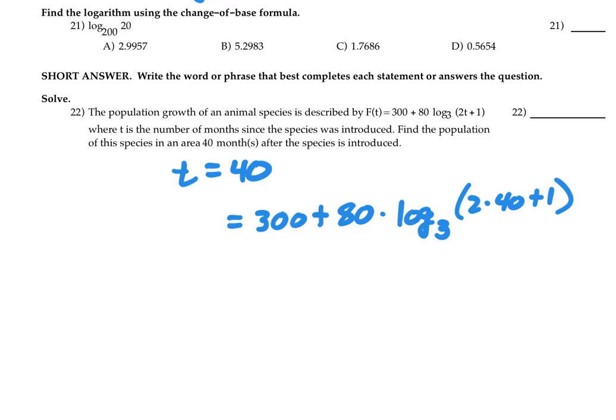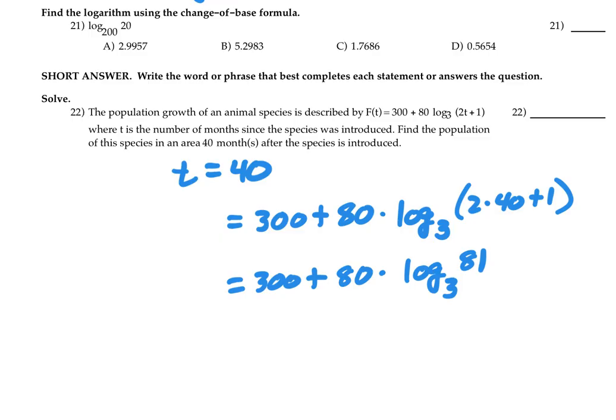Okay. Do all the operations inside the parentheses. 2 times 40 is 80. 80 plus 1 is 81. So we got 300 plus 80 times that whole thing became 81.